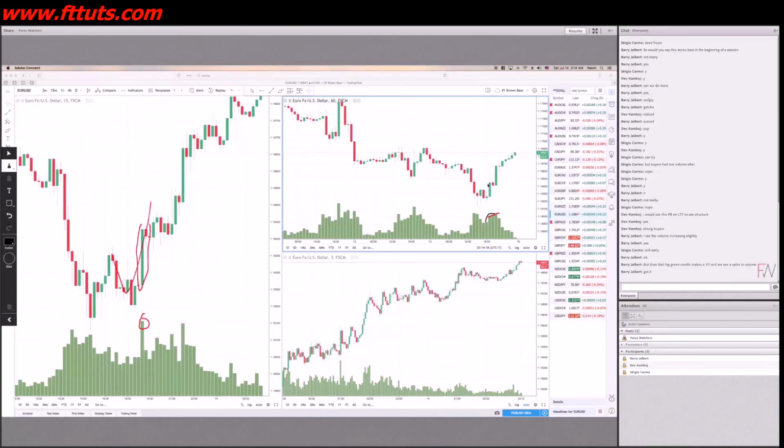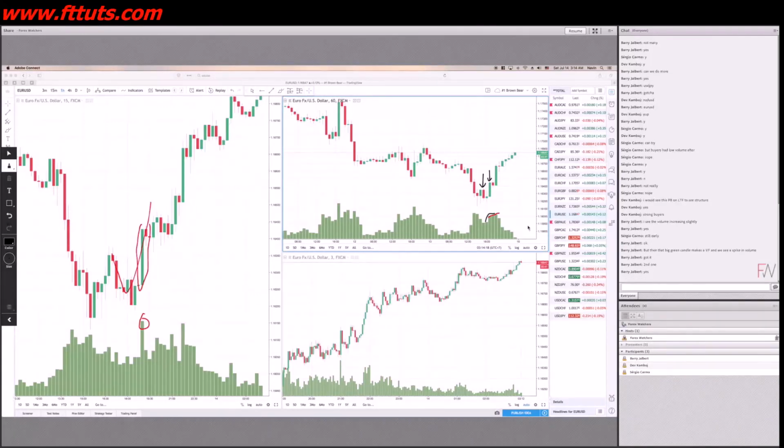Okay, so what we're trying to find out is at what point do we get that information? Do we get any clue from here, or is this the first sign of, hey, the markets are trying to turn around? The first one is a little bit jaded, but the second one looks a little bit more confirmed, doesn't it?